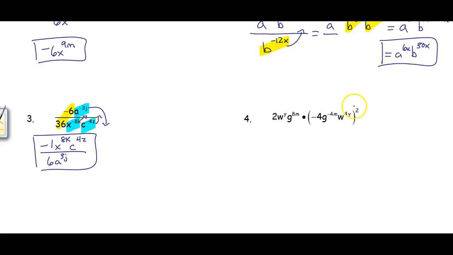All right, number 2. You have to distribute the 3 here to the negative 4, to the g, and to the w. So you get 2wy g to the 8m times negative 4 squared, g to the negative 8m, and w to the 8y.